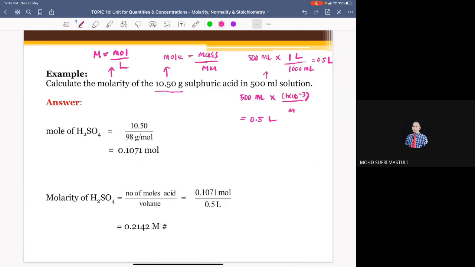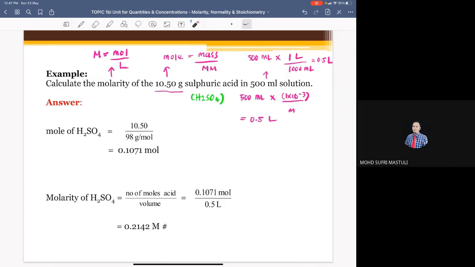As I mentioned just now, if you want to calculate the molarity, it is mole per liter. So you have to calculate the mole of sulfuric acid. In order to calculate the mole, it is mass over molar mass. Sulfuric acid has the chemical formula H2SO4.